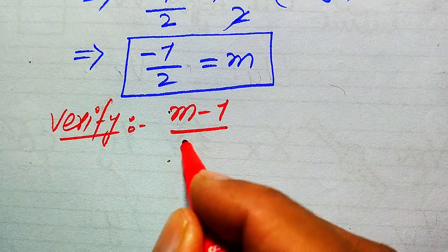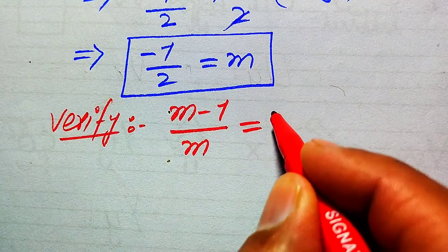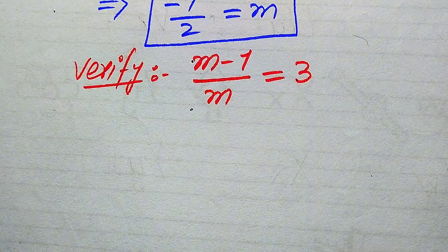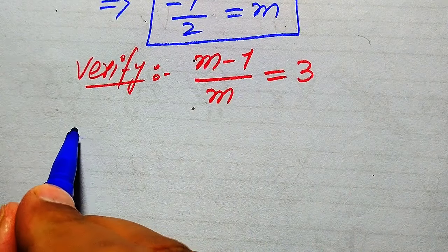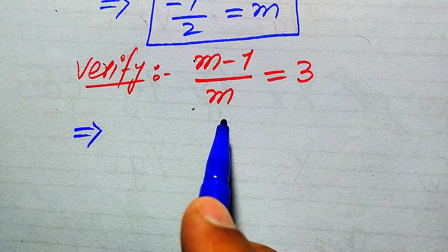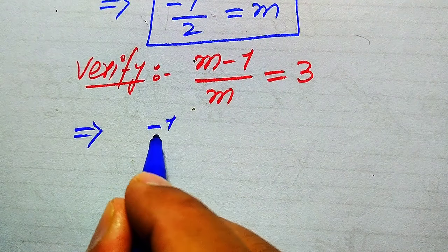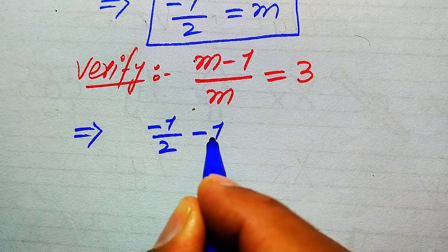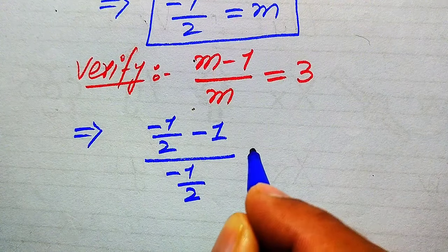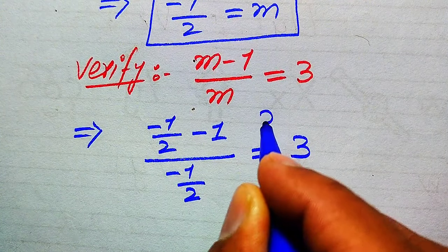Here it is (m minus 1) divided by m equals 3, and here we verify the value of m, so we substitute m equals minus 1 over 2 into the left hand side, and it will be written as (minus 1 over 2 minus 1) divided by (minus 1 over 2) equals 3 or not.